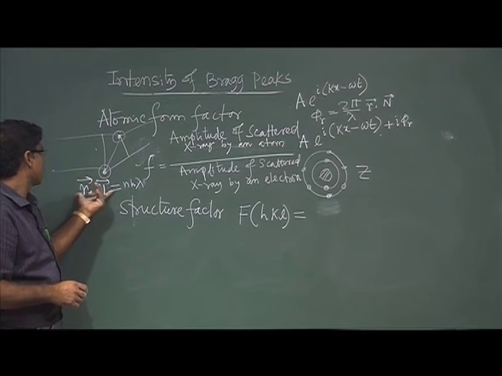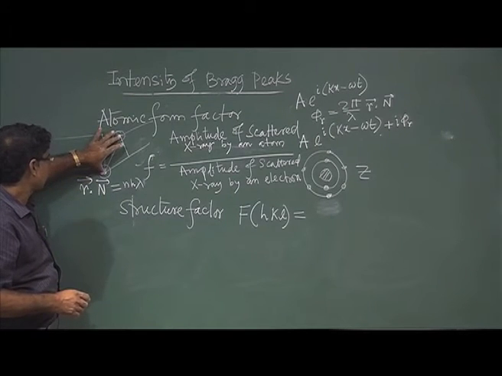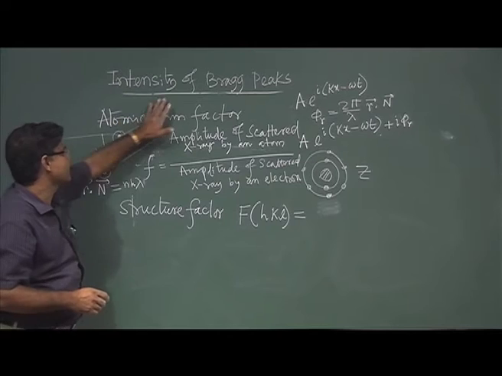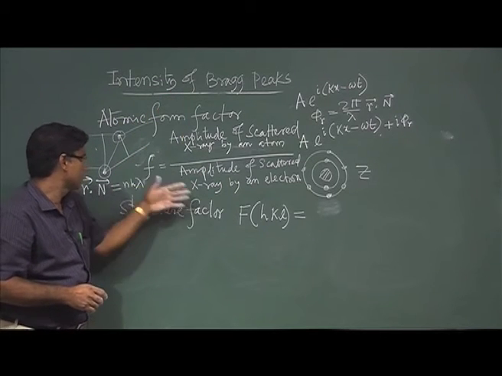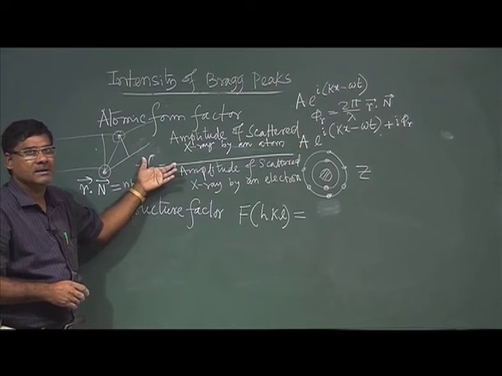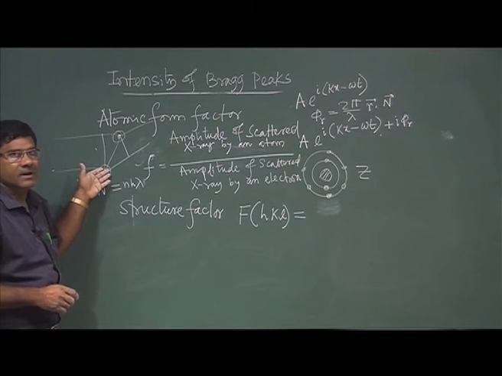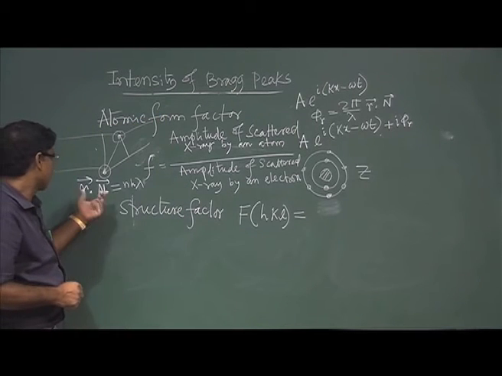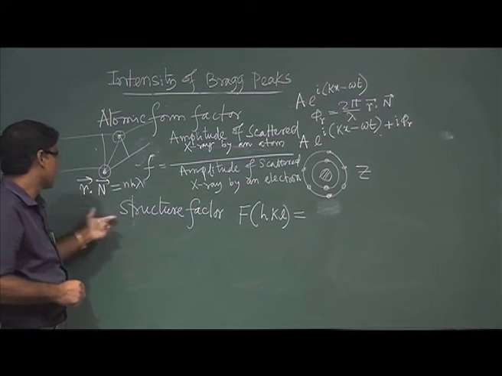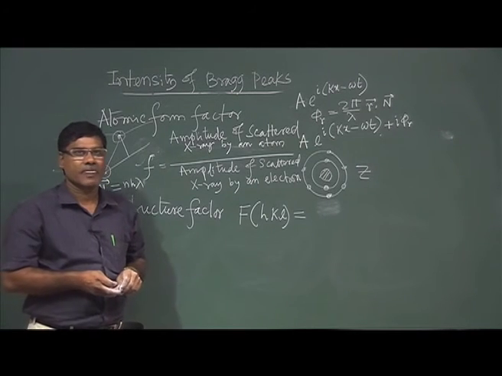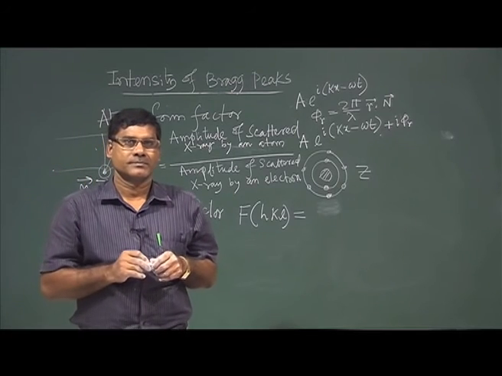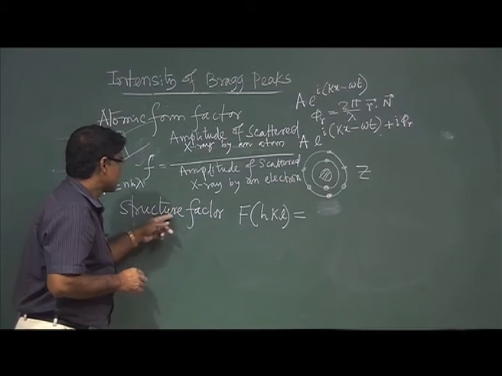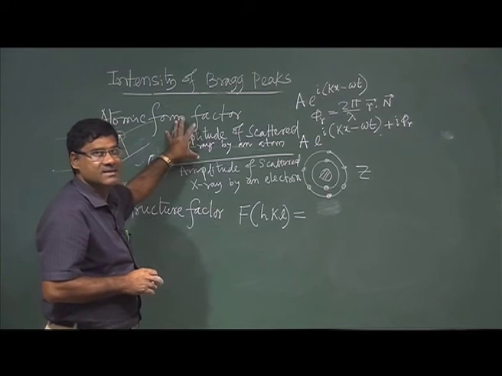So for each atom, I know the scattering strength from the form factor. Now again they will interfere, and depending on this path difference we will get the resultant amplitude.